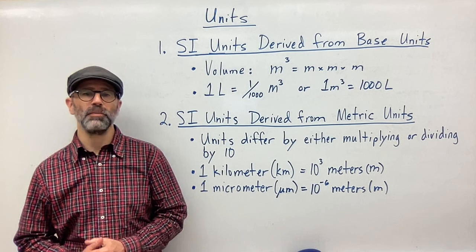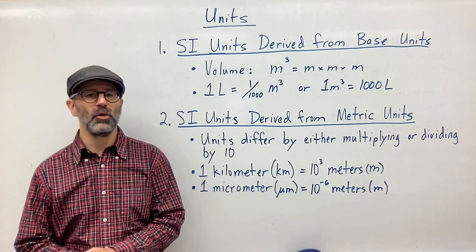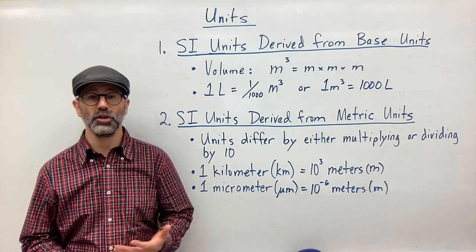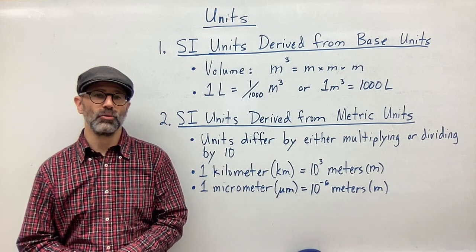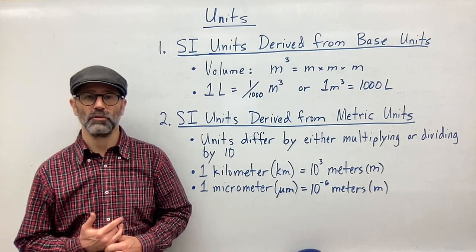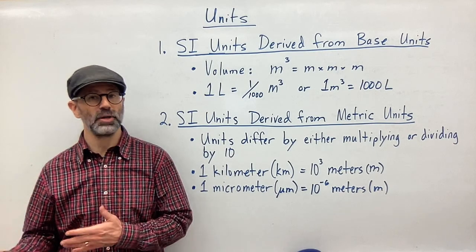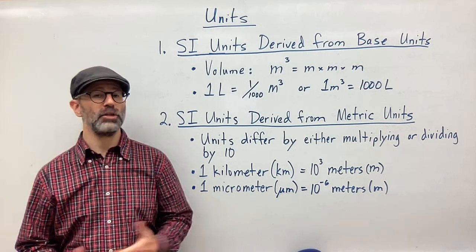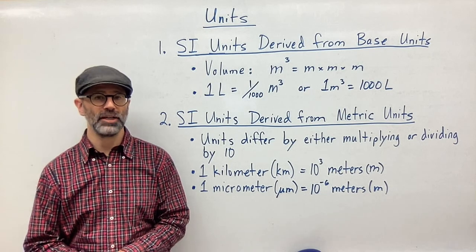Volume is often measured in science, and so we want a unit that is convenient to use when we're measuring volume. So you can derive those units in 2 different ways. You can either derive the unit from the base units that are already on the list, or you can derive them from metric units. So let's talk about both kinds of derivation.